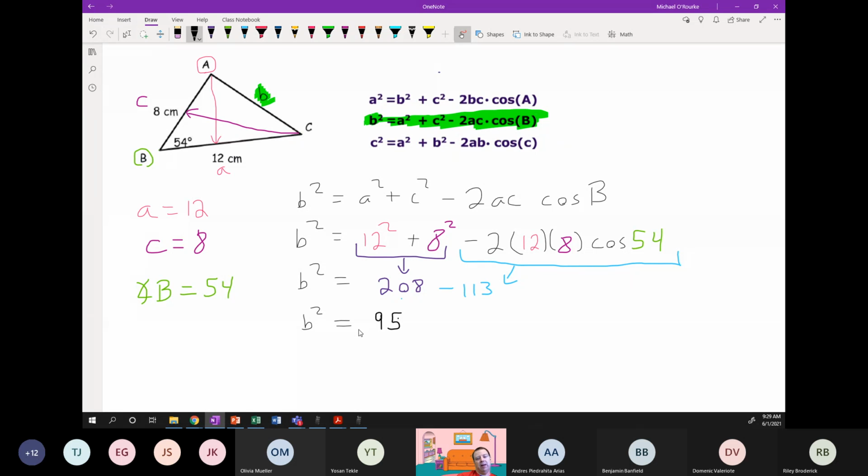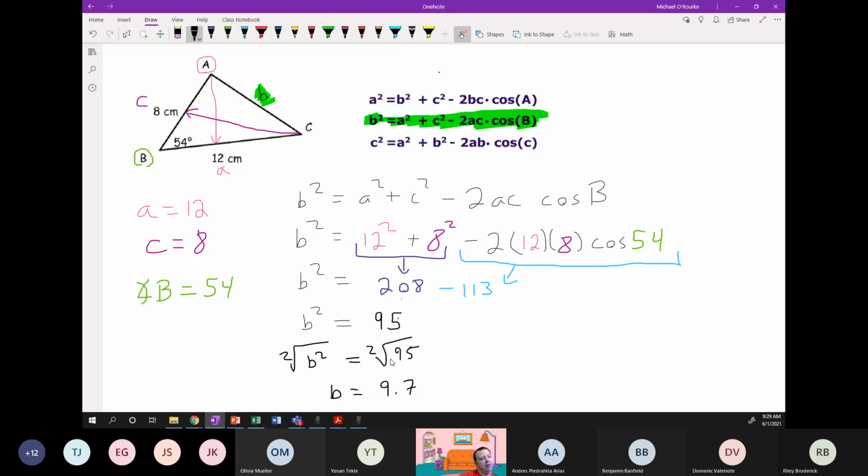Because I have b squared right now. Good. I need to remove the exponent, so I need to take the square root of b squared. I take the square root of 95. Square root of b squared is just b, and the square root of 95 is 9.7.